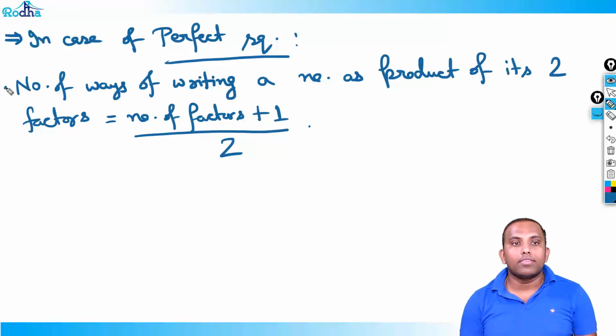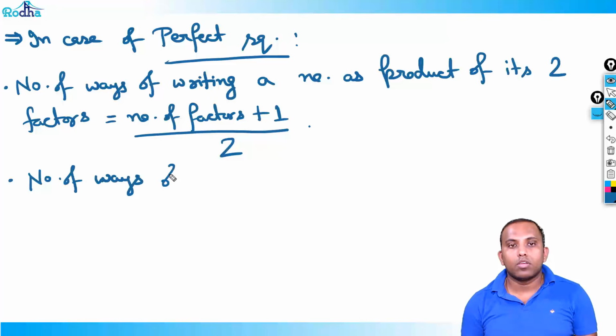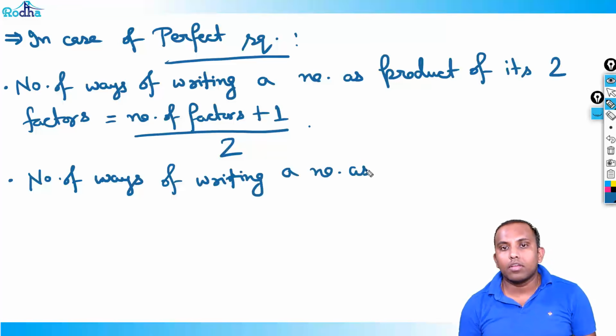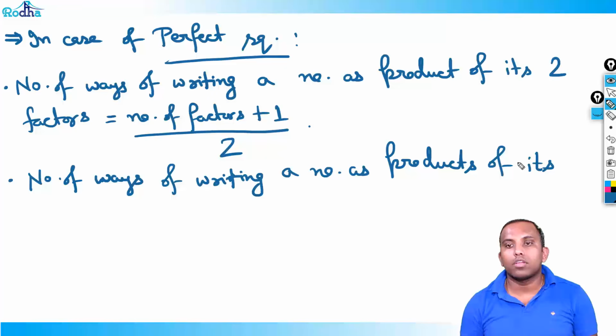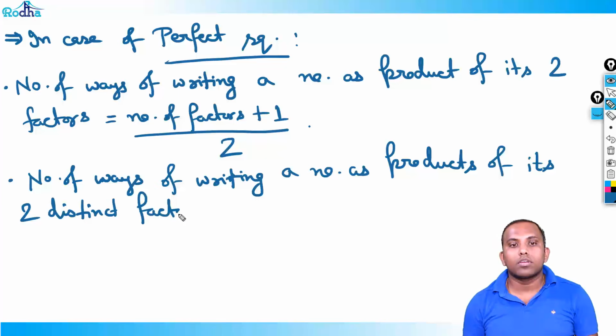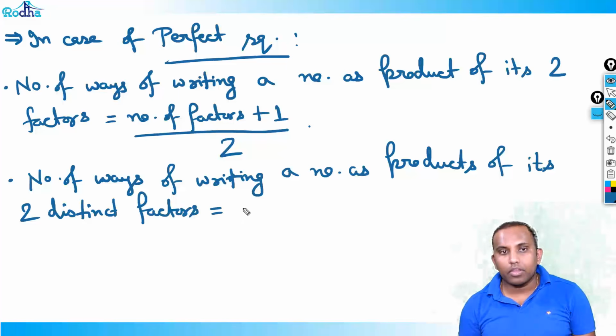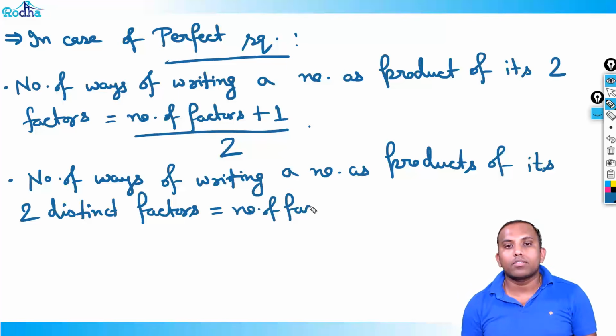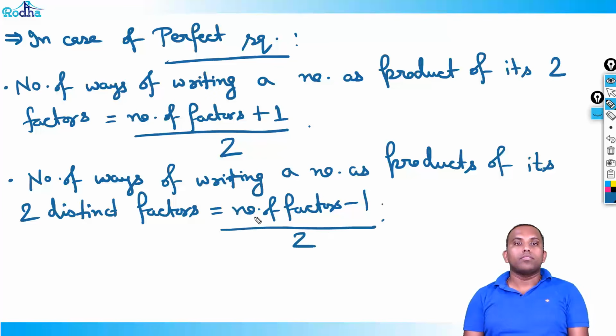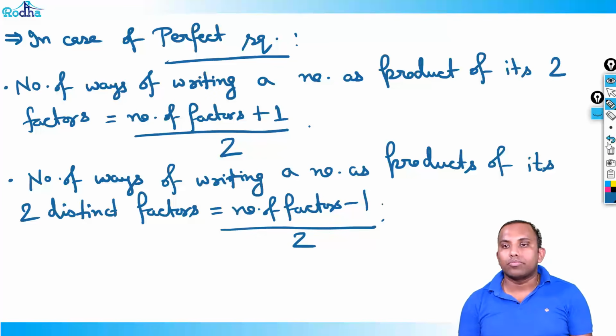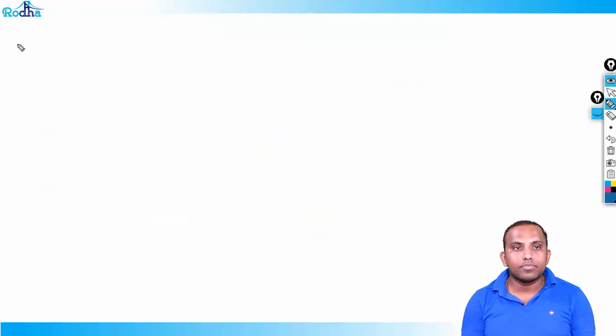And secondly, I can write the number of ways of writing a number as a product of its two distinct factors is equal to number of factors minus 1 by 2. That's it. So I can write a question here.